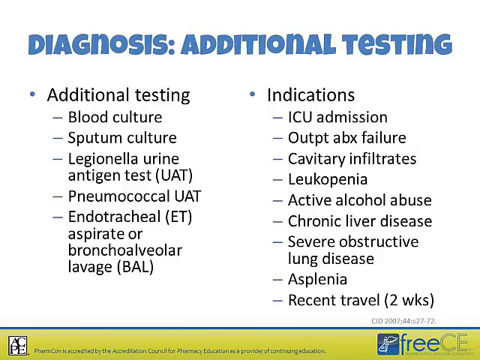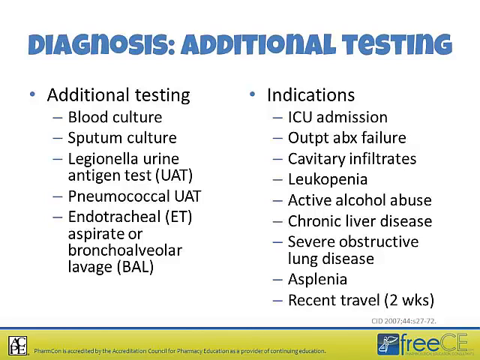Really, these indications are more thinking about your community-acquired pneumonia patients, because you're going to get additional testing with your patients who have VAP, HAP, or healthcare-associated pneumonia. So if your CAP patient has to be admitted to the ICU because their pneumonia is that severe, you would want to do blood cultures as well as get some lower respiratory tract secretions.